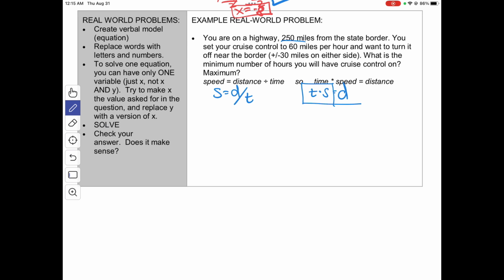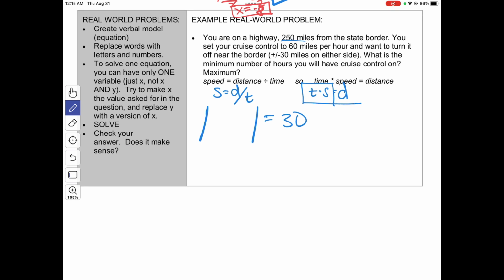So basically, I don't care whether I'm this side of the border or the far side of the border, so long as I'm 30 miles away. It could be positive 30 or negative 30. So what I'm going to do is set up my equation. It's going to be some sort of absolute value, because I don't care whether I'm 30 miles this side or 30 miles the other side, where my absolute value expression is going to be equal to 30.